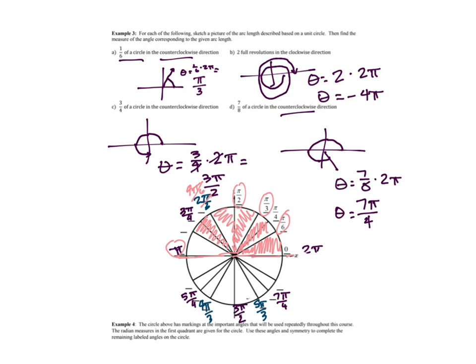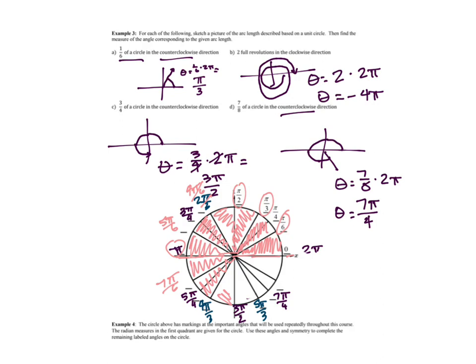Okay, go again. 4 pi over 6, so that makes this next one 5 pi over 6. Go again. 6 pi over 6, also known as pi. Okay, next. 7 pi over 6. And then 8 pi over 6. Check yourself. Is that 4 pi over 3? 8 pi over 6? Yeah.